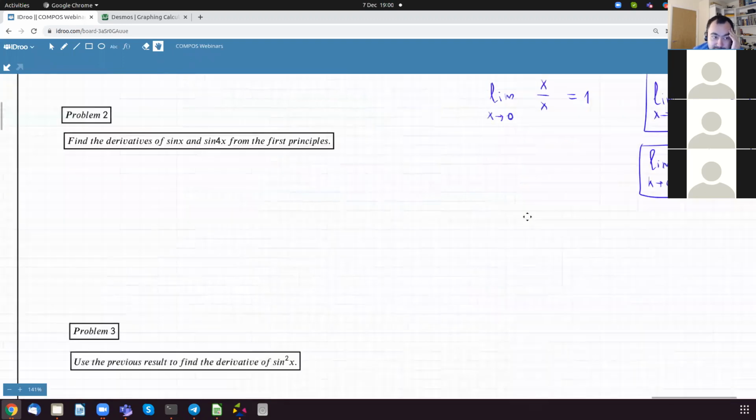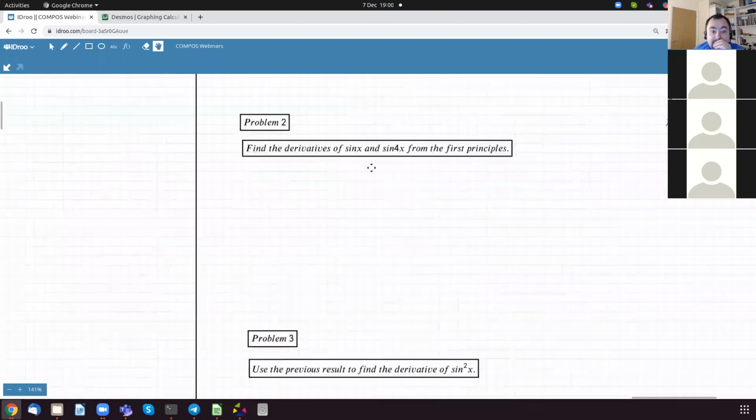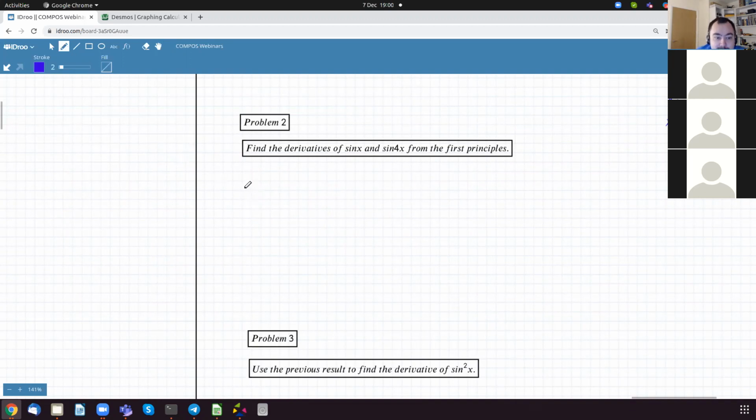So let's have a look. Find the derivatives of sine x and sine 4x from first principles. So we write down f of x is sine x. f of x plus h is sine of x plus h.